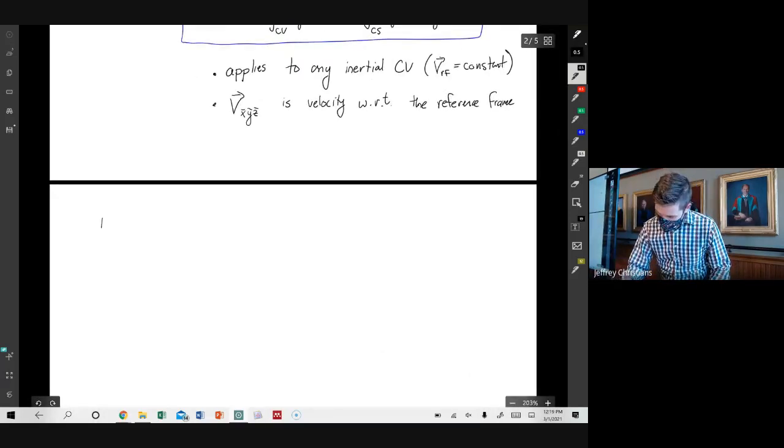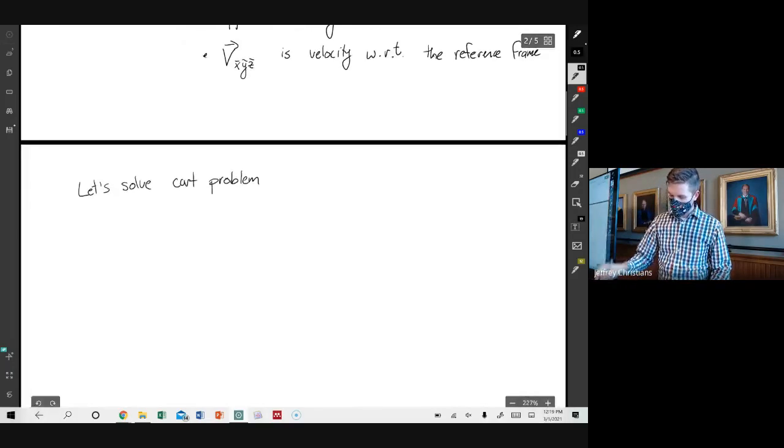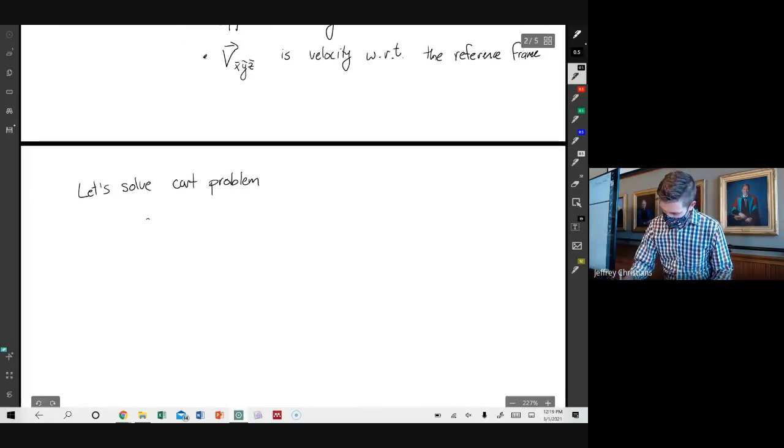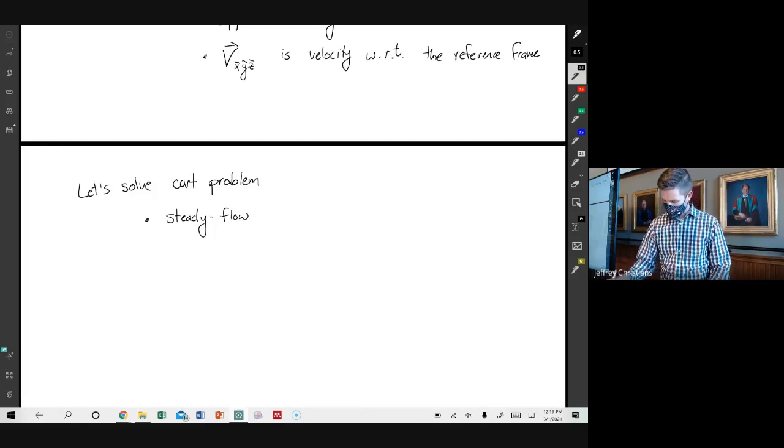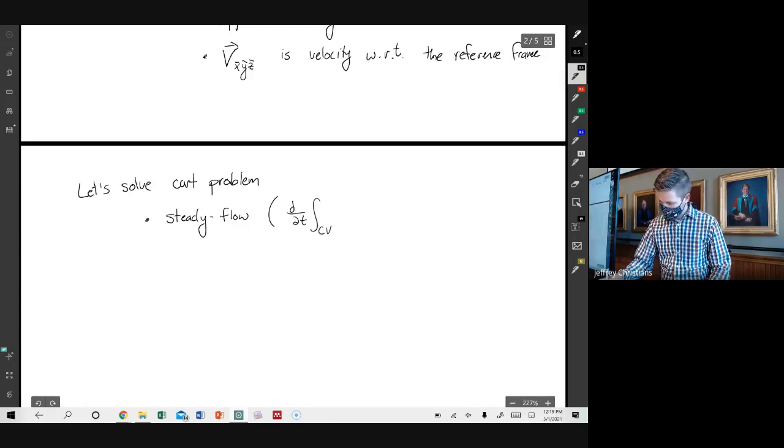So let's solve the cart problem. The first thing we're going to look at is steady flow. Okay, right, this makes this part equal to 0.